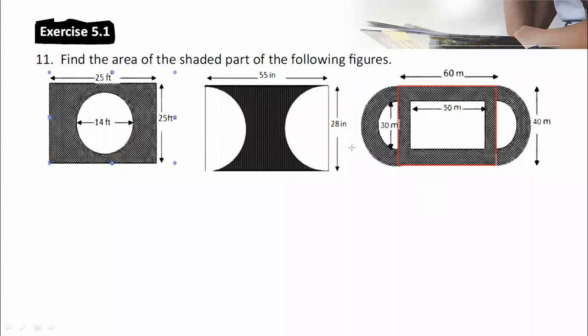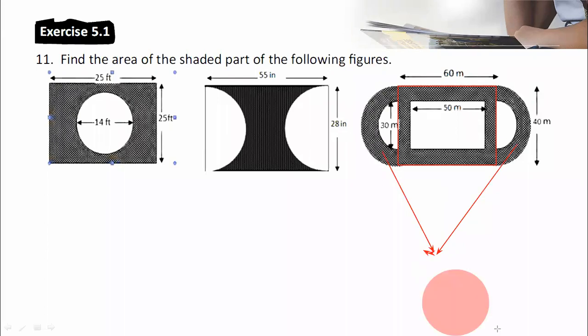Okay. And if you combine these two portions, bringing this portion and this portion together in one place, we will get the figure like this. Just look at this one.